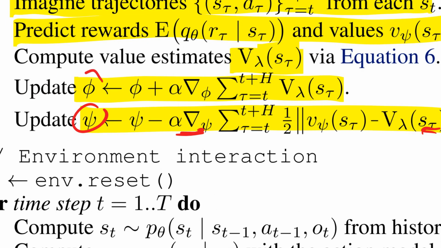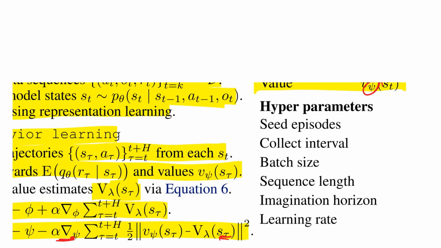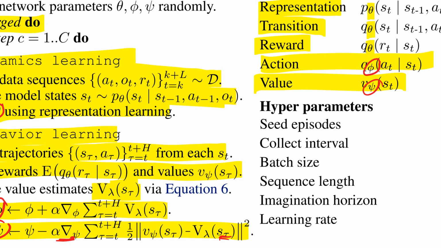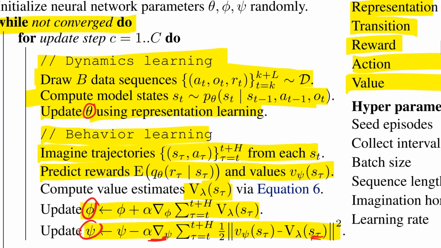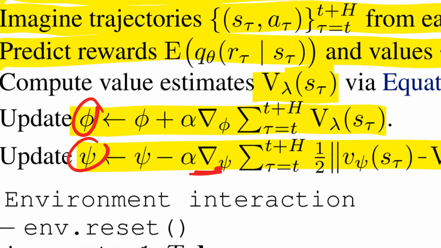You can also see we update this parameter, which is the action model. So here you see that the action model depends on this. This is our policy, right? This thing here determines which action we take, and we update it in the direction of the gradient with respect to this value function, right?